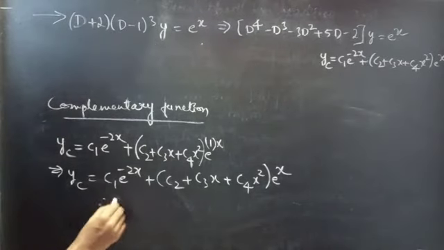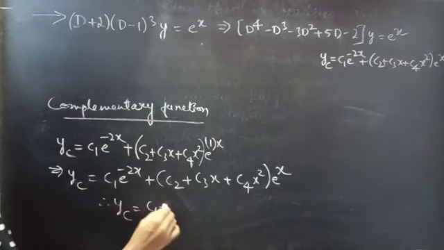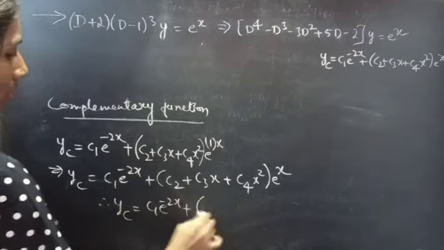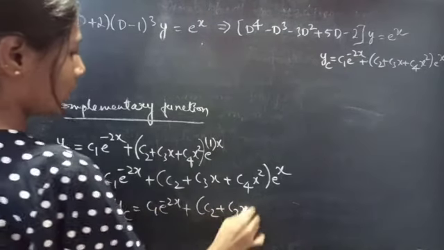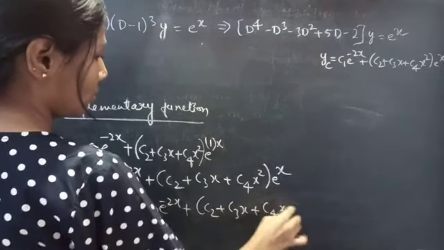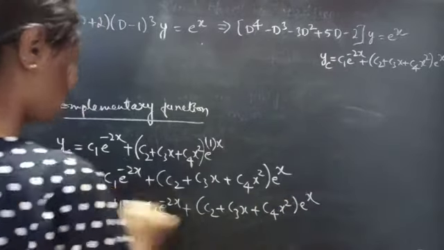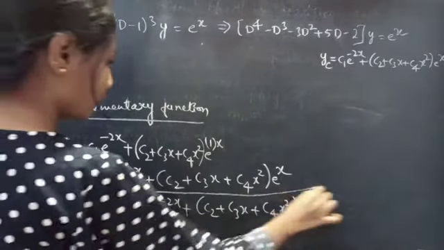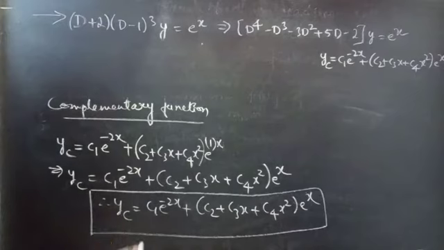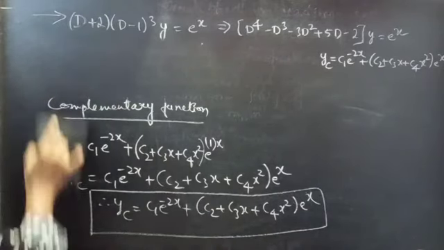Therefore, yc equals to c1 e power minus 2x plus c2 plus c3x plus c4 x square into e power x. Now let's find the particular integral.